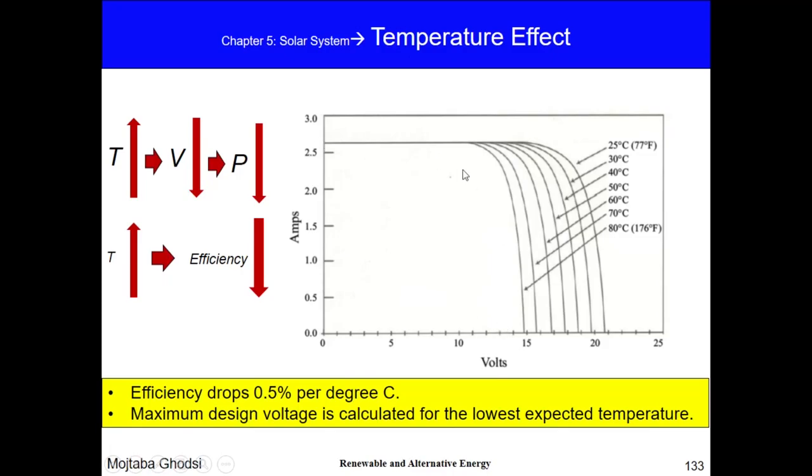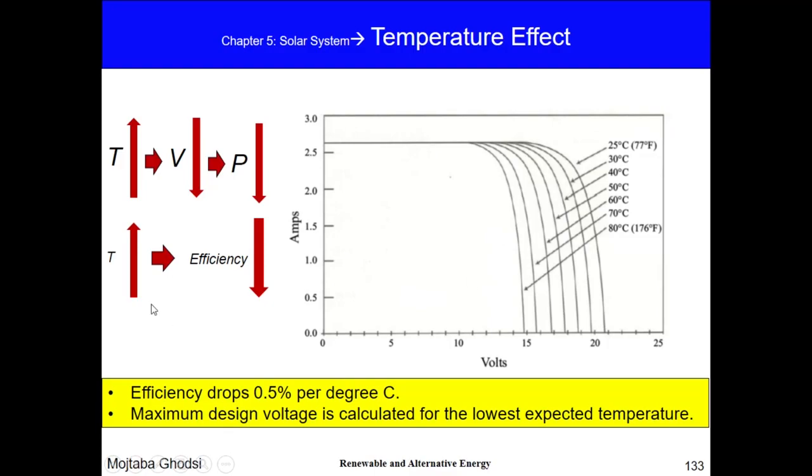As you can see here, by increasing the temperature, the reduction of the current happens earlier, at a smaller voltage. It's obvious that by decreasing the operating temperature, the performance of the panel will increase.